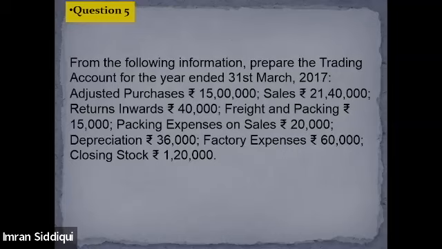So considering all these values, we need to prepare the trading account. I want you to take a screenshot of the question so that it will be easier for you to revise whenever you want to revise these questions. Just take the screenshot so that you can refer back to the question whenever you want.